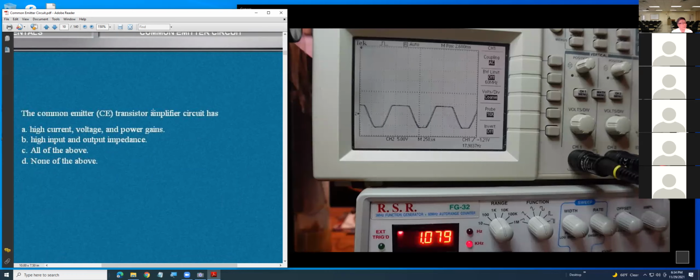For example, a common emitter transistor amplifier circuit has: A, high current, voltage, power; B, high input, output impedance; C, all of the above; D, none of the above. What do you think? Tell me A, B, C, or D.